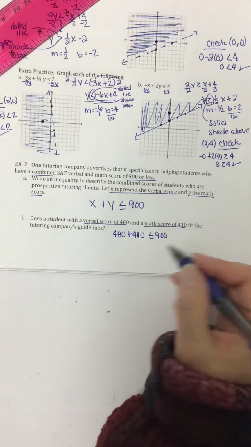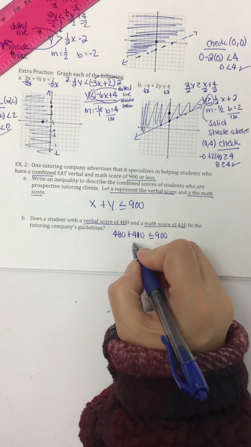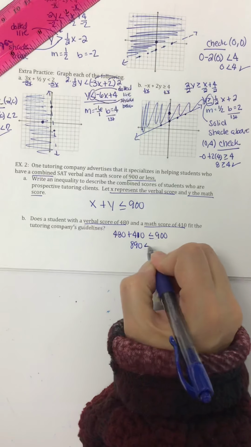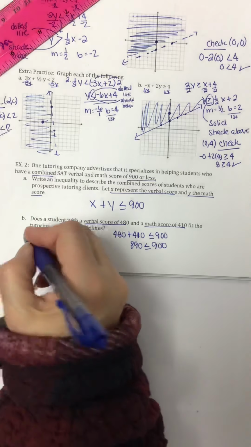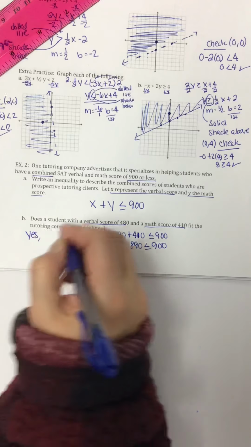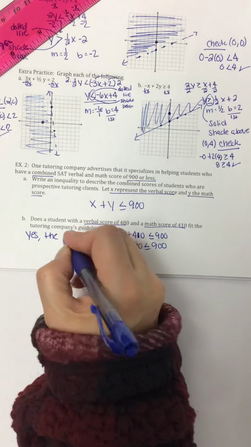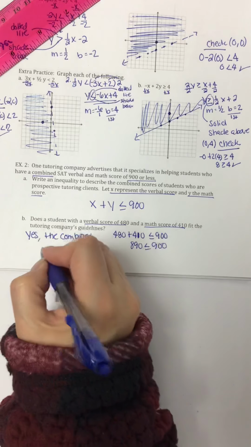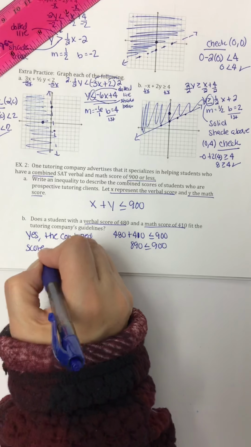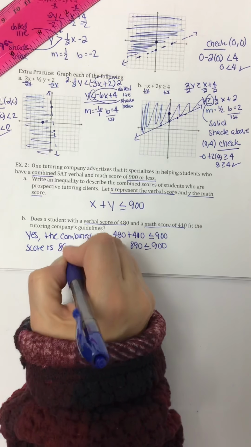So add those together, what would we get? 890. Is that less than or equal to 900? So, yes, the combined score is 890.